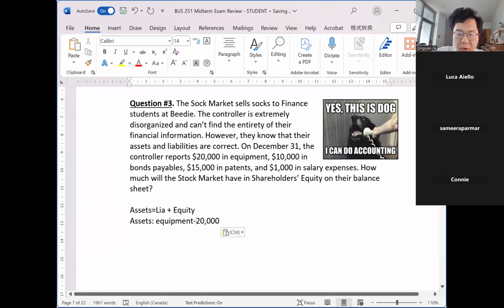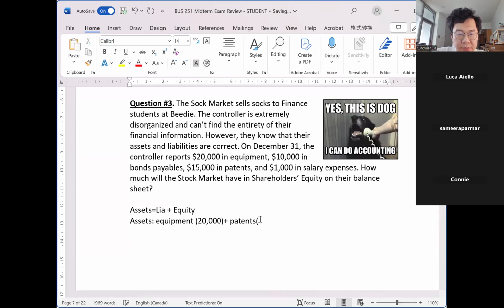Oh, we don't use this mark, it's quite confusing. 20,000. And what else do we have? We have patents, 15,000. I guess that's all. So for assets we have 35,000.